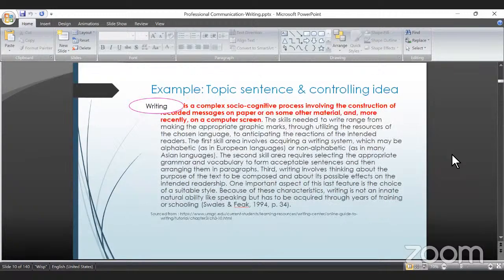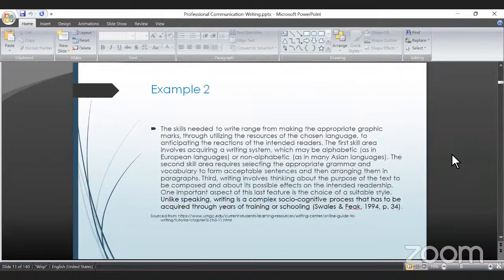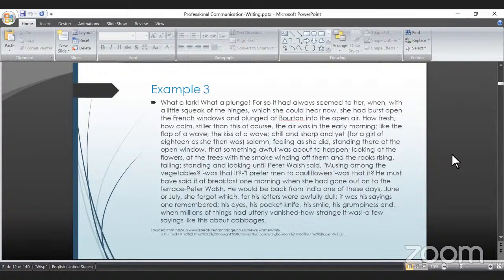So we looked at a few examples where we identified the topic sentence and its placement, the topic and the controlling idea for each of these four examples. We also saw that in these four examples, we had different placements of the topic sentence. In this one, it's in the beginning. For this one, it was at the end. For this one, we did not have one, so we also had a case where the topic sentence was only implied.